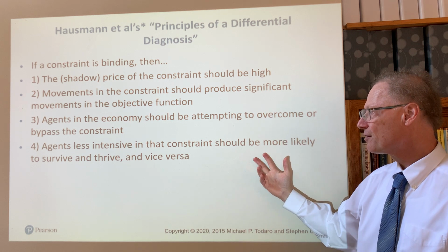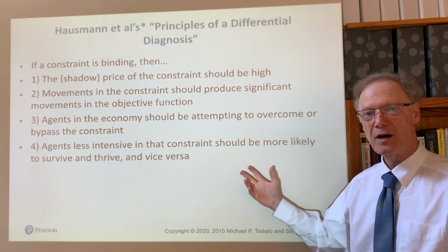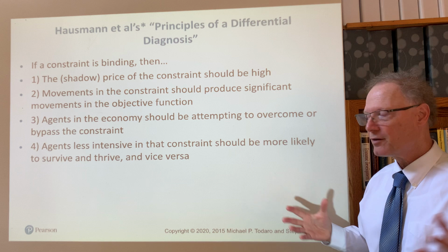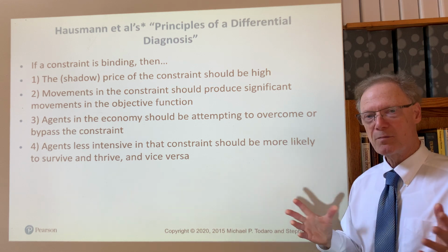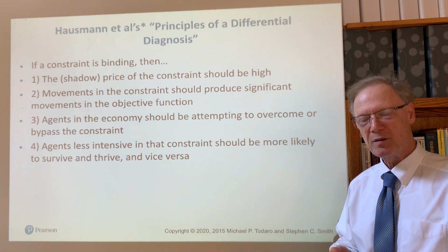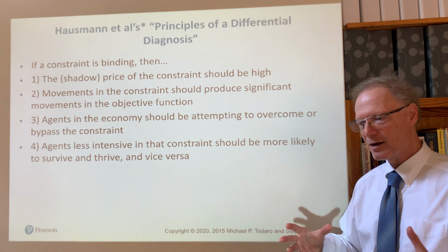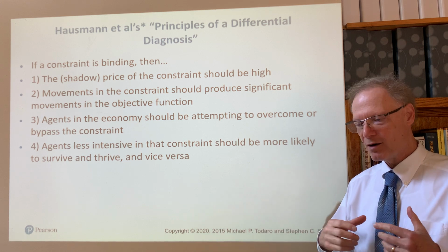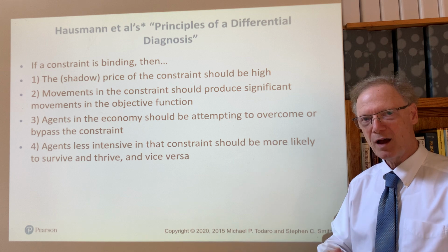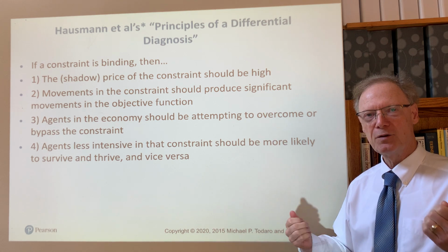Agents less intensive in that constraint should be more likely to survive and thrive, and vice versa. A couple examples come to mind. One is that in problems of institutions in which you have authoritarian regimes with cronyism, in these cases you should find that industries that are associated with business people who are closely tied in with the government are those that are likely to thrive.